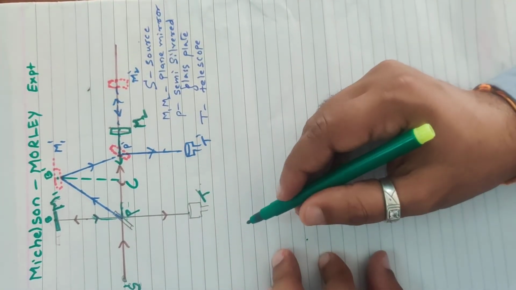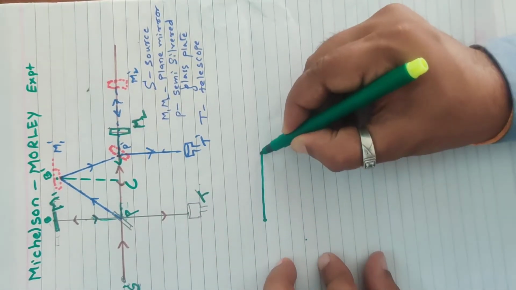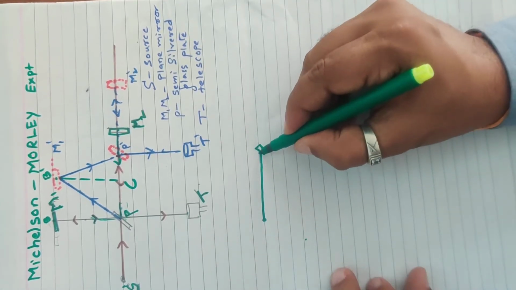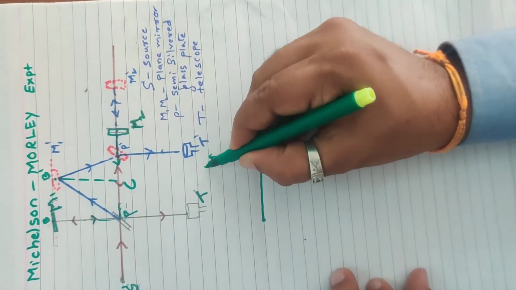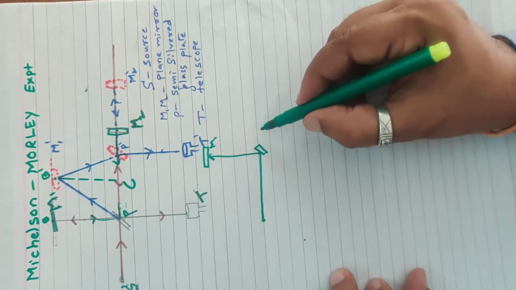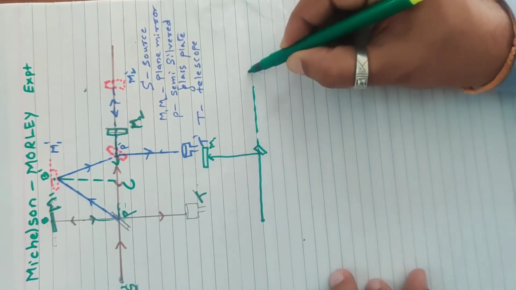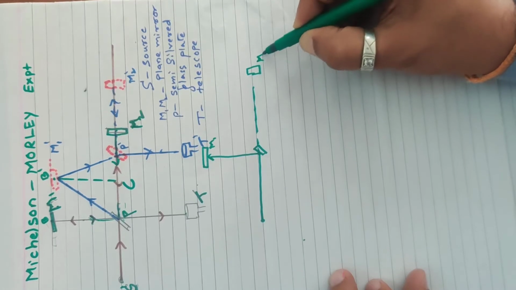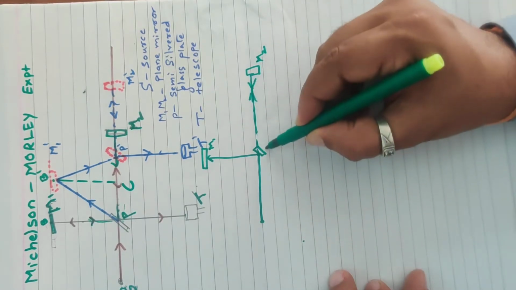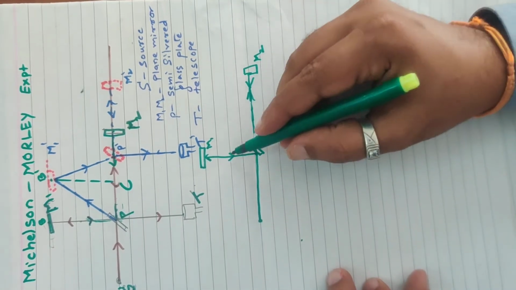So let me recall the process. S is a source of light that moves to the semi-silvered glass plate. A part is reflected and hits the mirror M1. As it is half painted, a part moves on and hits the mirror M2, and after reflection it comes back. Likewise, after mirror M1 it comes back.